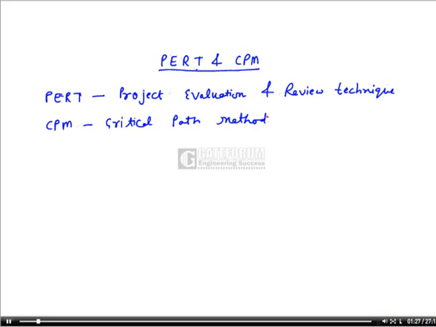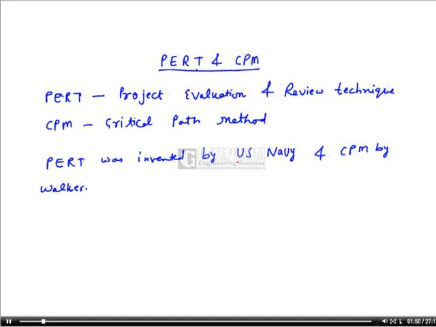So PERT was invented by the US Navy. This is in the 19th century, and CPM by Walker. Sometimes this part comes in objective questions, so who are the inventors? PERT by US Navy, CPM by Walker.